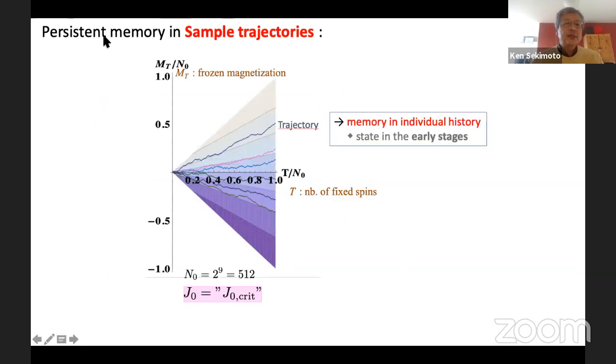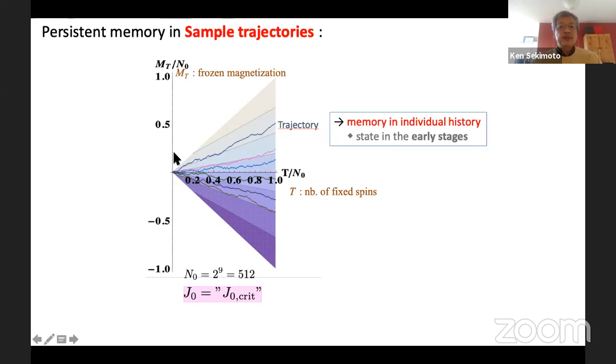In order to see what is happening in an individual process, we traced several sample trajectories for the system which started from the critical coupling, where the number of total spins is 512.